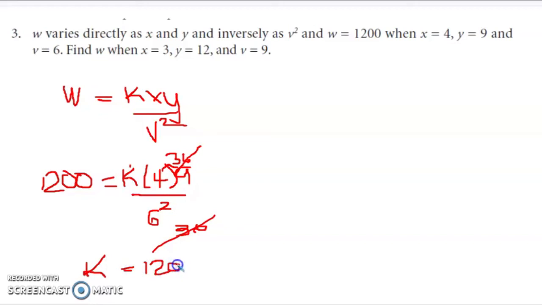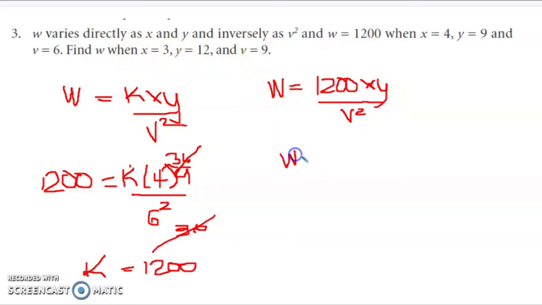1200. So using the value of K now, using our equation, that would be W is equal to 1200 XY divided by V squared. By substitution, we find W when X is 3, Y is 12, and V is 9.